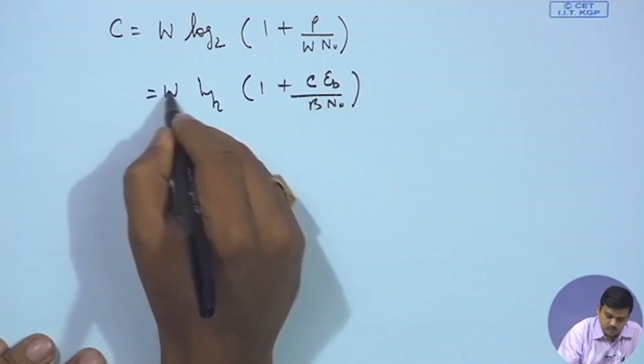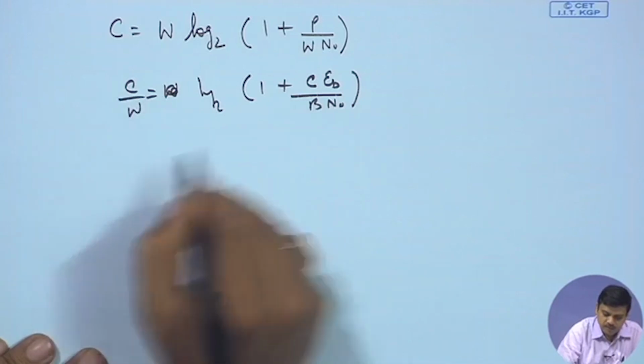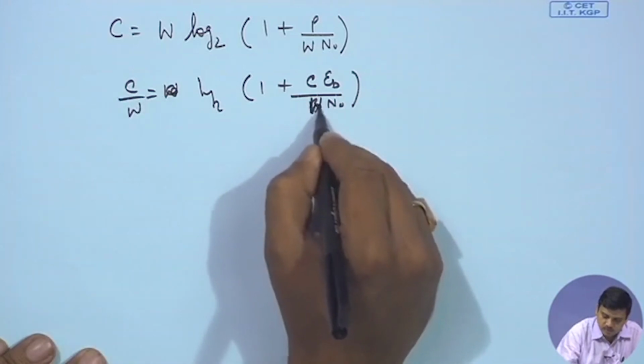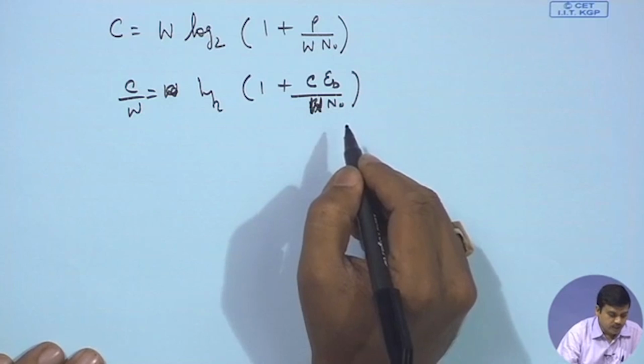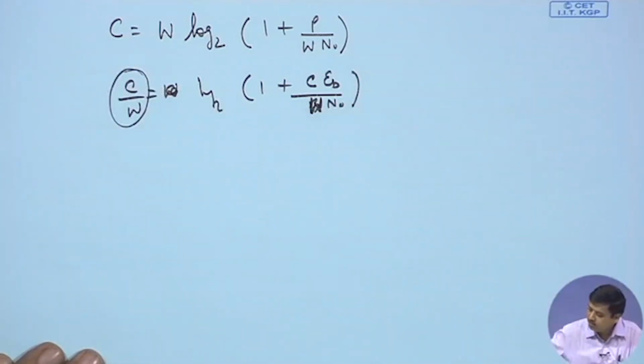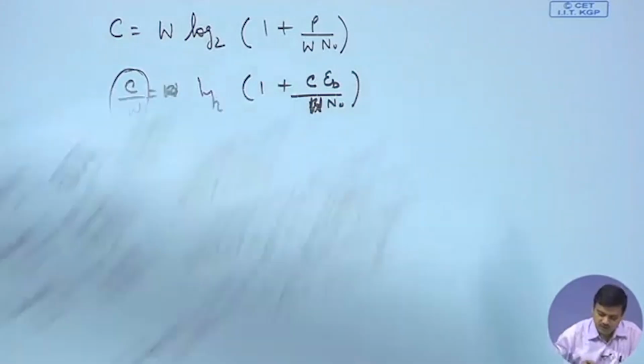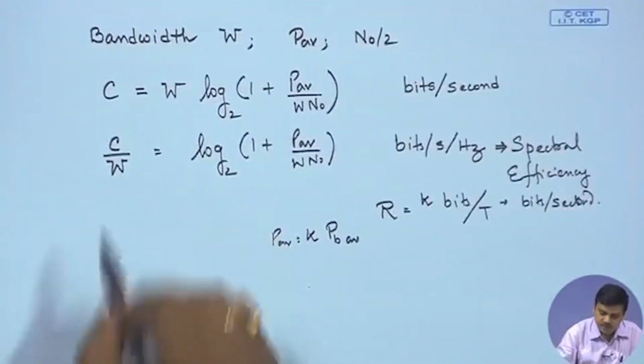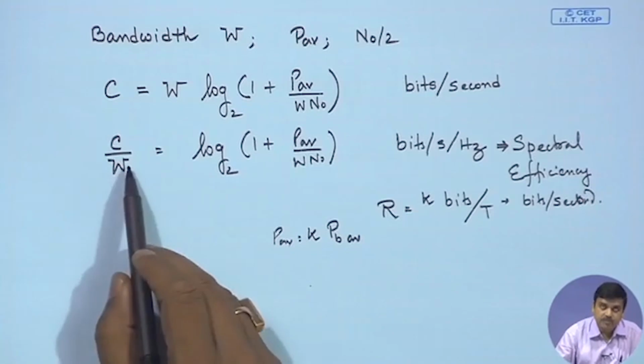So, we can write C by W. If you look at C by W, we already said C by W is the spectral efficiency, that is bits per second per hertz. So, we are interested in the spectral efficiency.